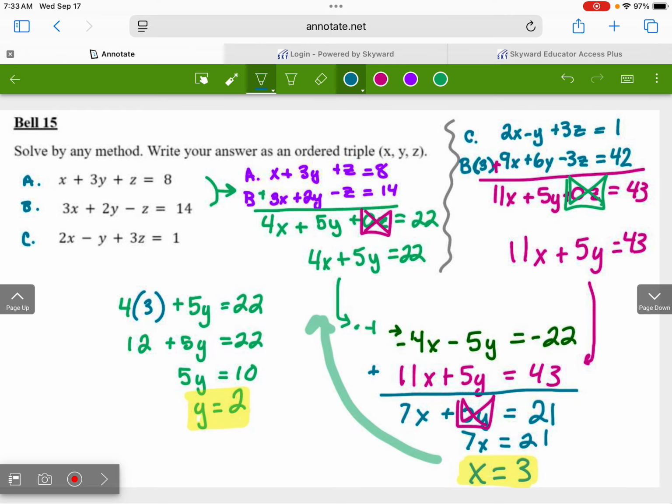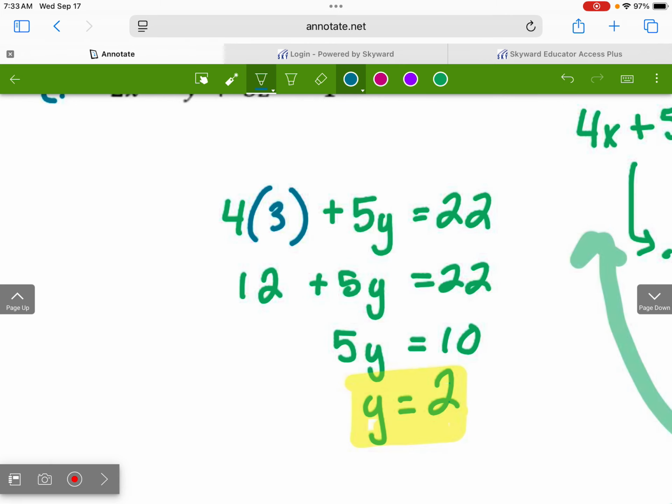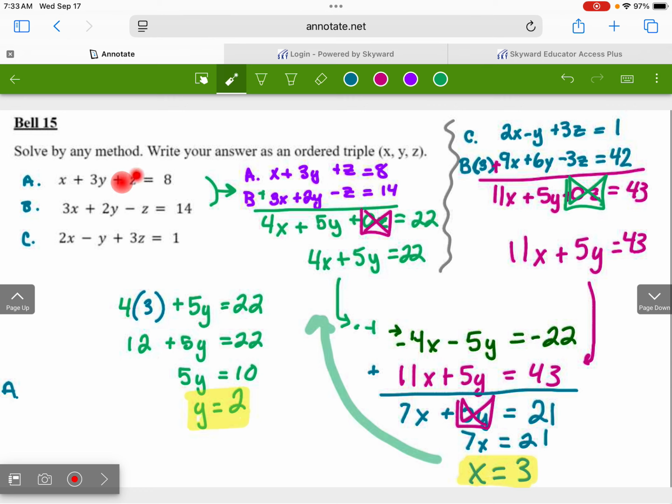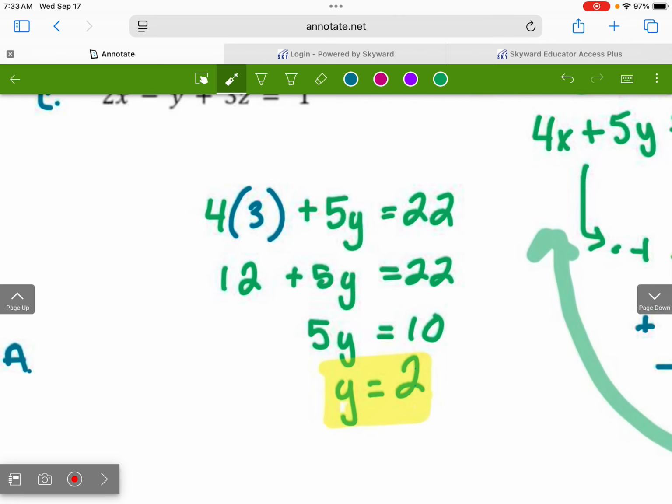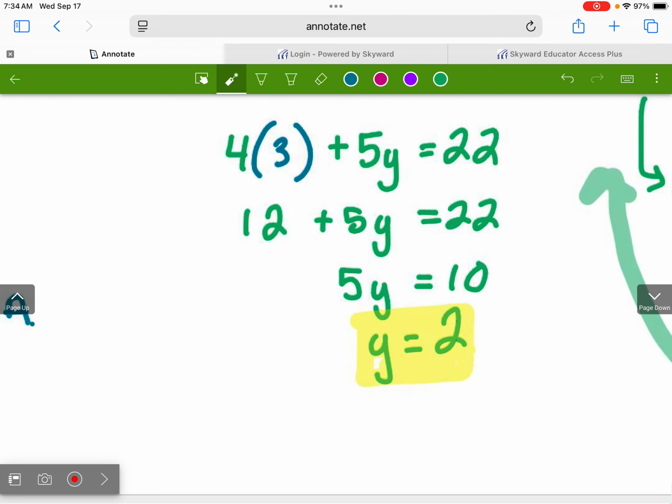Probably A. I would also pick A because my z in here doesn't have any numbers in front and it's not negative, so I won't have to worry about signs too badly. You don't have to, but I think it's the easier way to go.